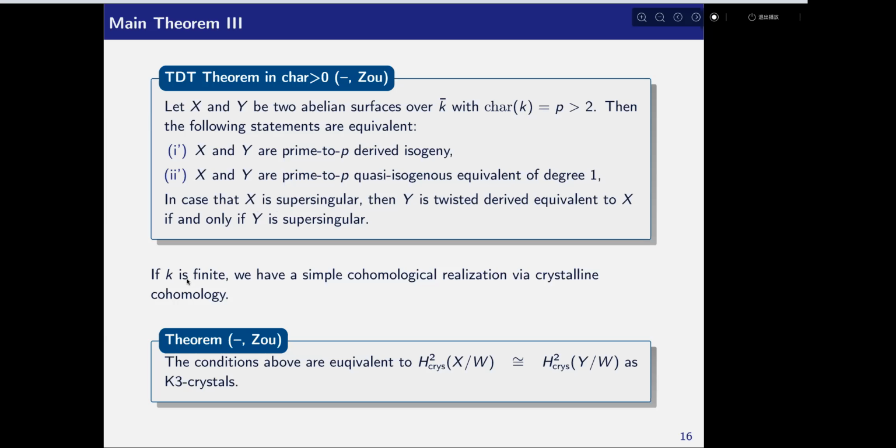In the case when K is finite, we also have a simple cohomological realization using crystalline cohomology. When K is finite, the conditions above are equivalent to being Hodge equivalent to some isometry as K3 crystals. So we also have a nice cohomological realization.